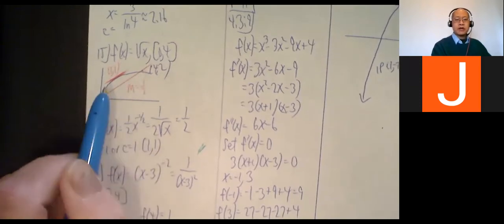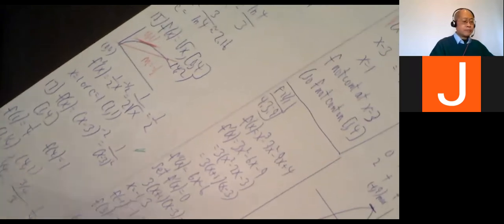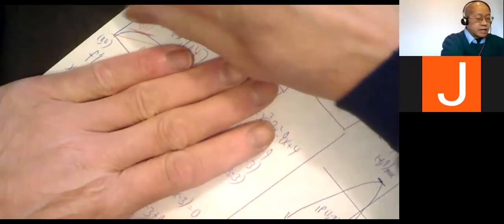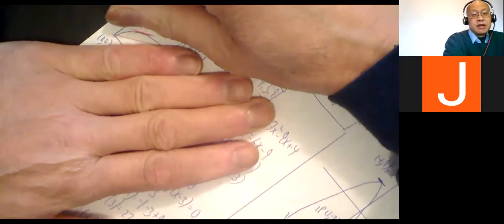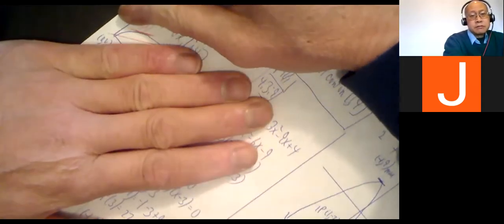Okay, so slope is 1/2 here, slope is 1/2 here. Again, think of it as Rolle's theorem tilted. If I turn it like that, you say the paper's slanted, but if you can just pretend you don't see the slant, it kind of looks like Rolle's theorem. Say, oh yeah, slope is 0, slope is 0. Right?